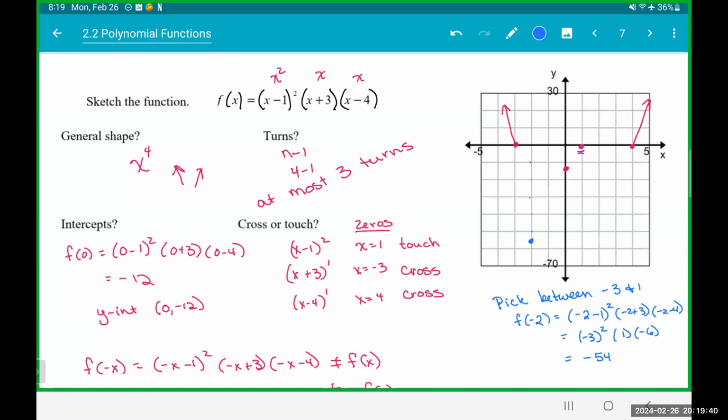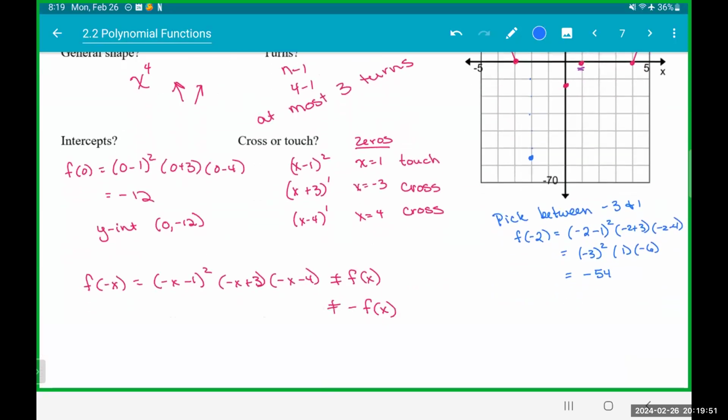And then let's pick a point between these 2 points. We could pick either one between 1 and 4, so let's just pick positive 3.